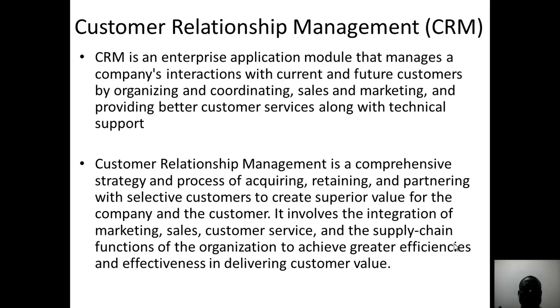It's a comprehensive strategy and process of acquiring, retaining, and partnering with selective customers to create superior value for the company and the customers. It involves the integration of marketing, sales, customer service, and the supply chain functions of the organization to achieve greater efficiencies and effectiveness in delivering customer value.